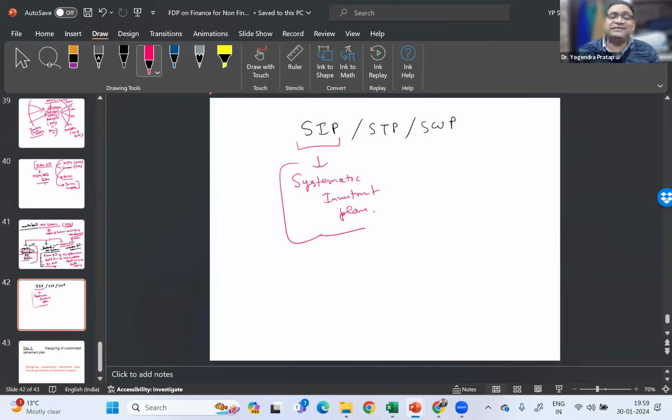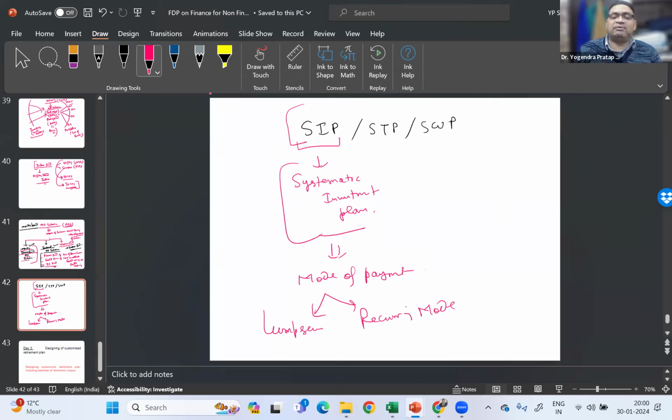Please remember, SIP is not a scheme. When you invest in a mutual fund, you invest in the scheme. SIP is the mode of payment. This is simply a mode of payment. People think that this is a scheme. No, SIP is not a mutual fund scheme. You can invest in a particular mutual fund scheme in a lump sum amount, or in recurring mode, meaning monthly, quarterly, or all that.